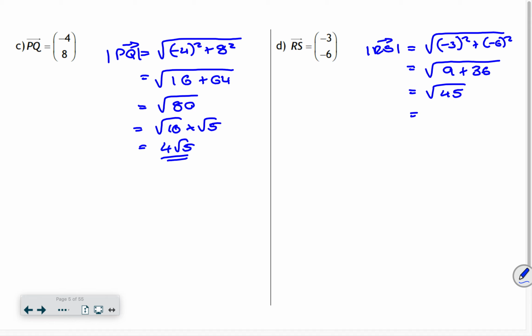Find the square root of 45, so simplify your surd. That will be root 9 times root 5, which will be 3 root 5. Remember, if your surd can be simplified, then you must always simplify it. And that is finding the magnitude of a vector.